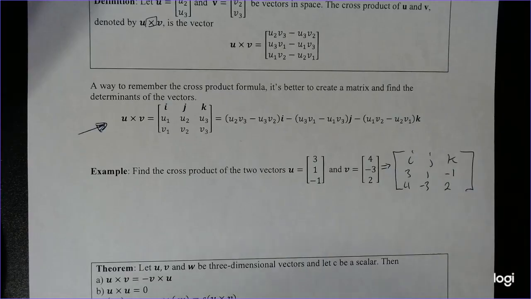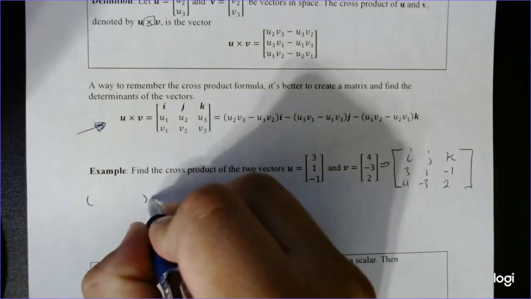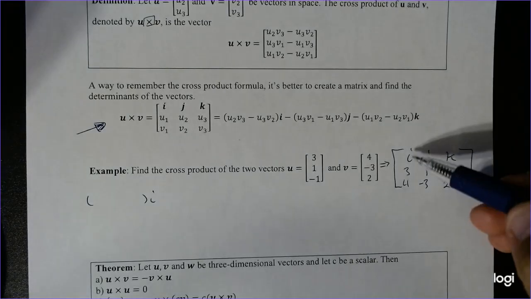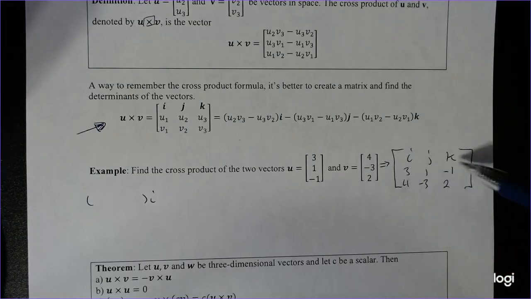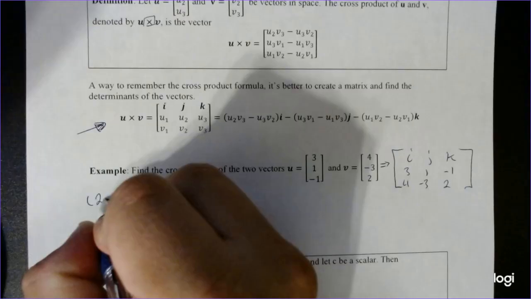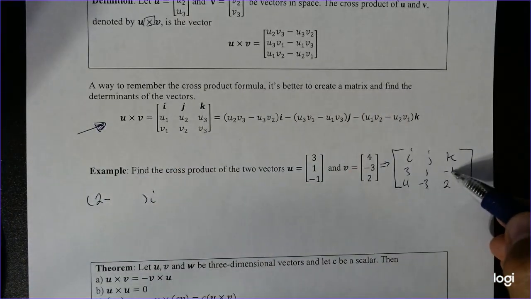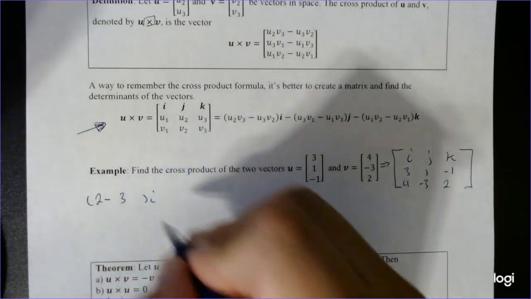And I will just follow this process. If it's easier, just like I did in multivariable cross products, you cancel this out, and it's going to be this times this minus that times that. So this is going to be 2 minus this times this, so it gives you positive 3, so minus 3.